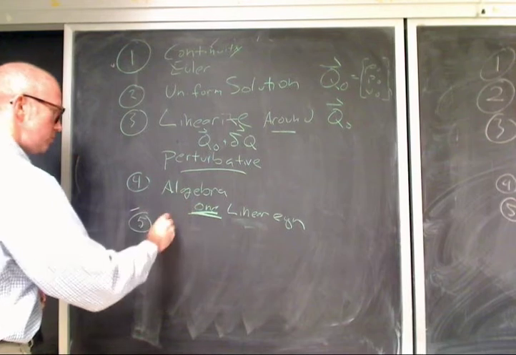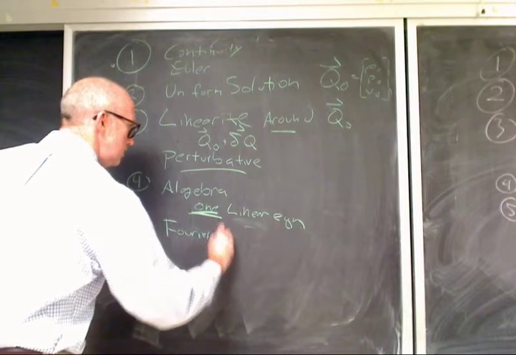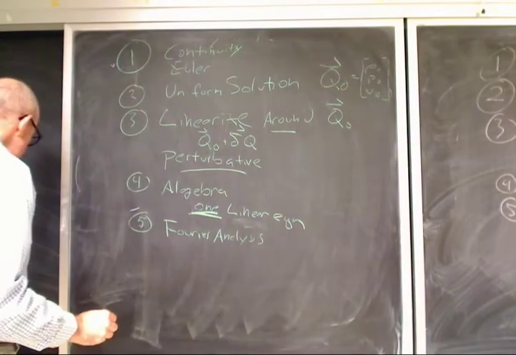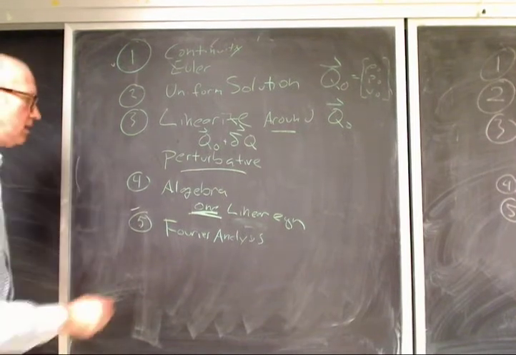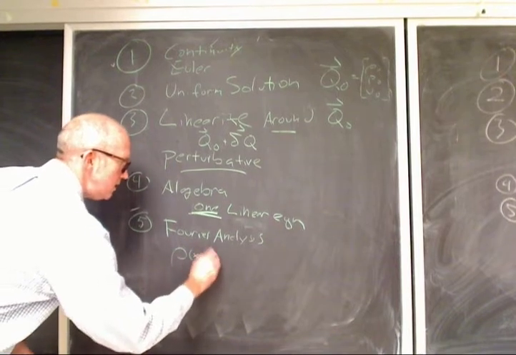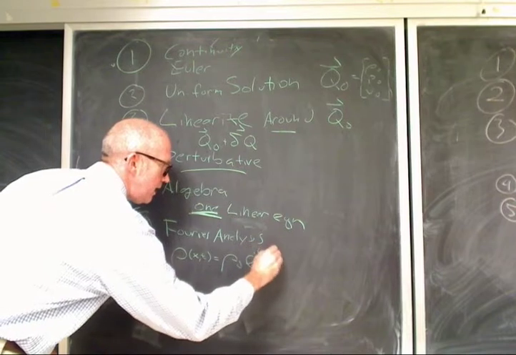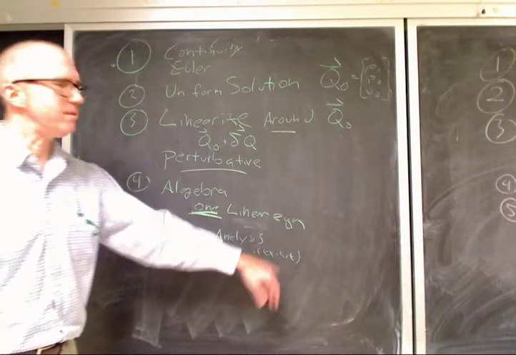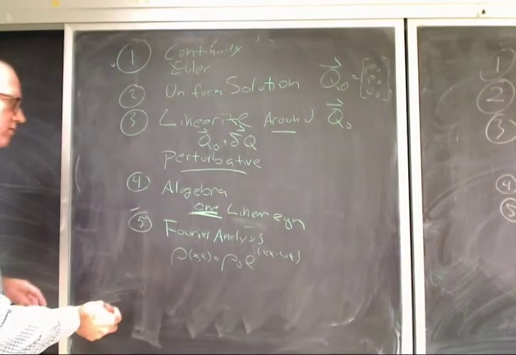Then, this part isn't super interesting, but the next part is Fourier analysis. And so with the Fourier analysis, rho of x and t becomes rho naught e to the i(kx minus omega t). You could call this plus omega t, but then it doesn't make as much sense. The minus is a useful convention.